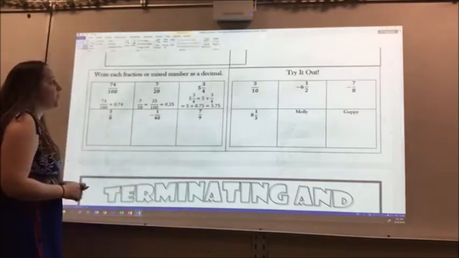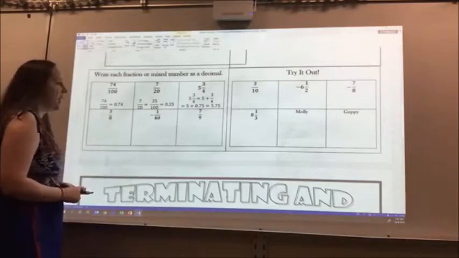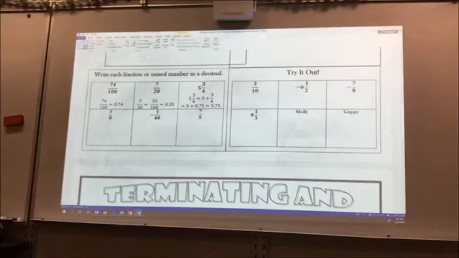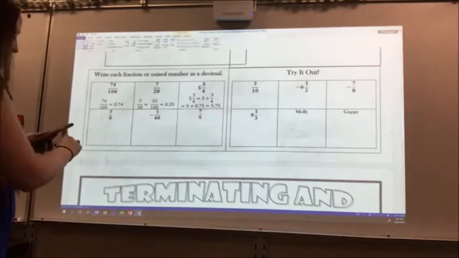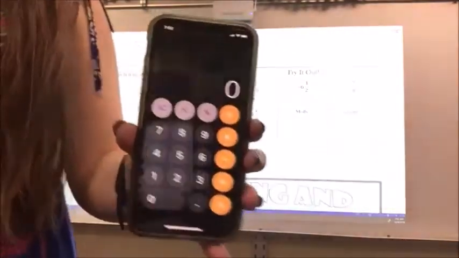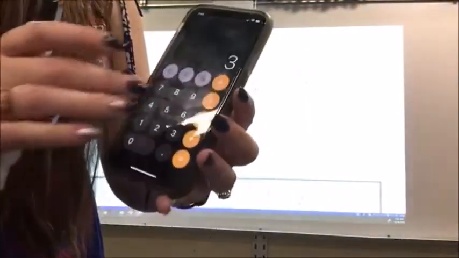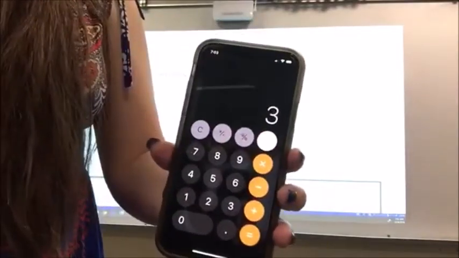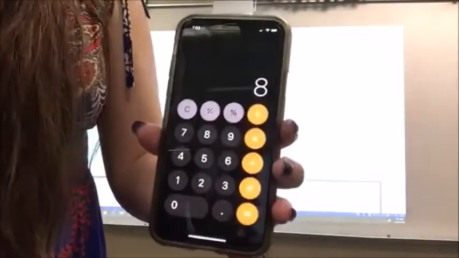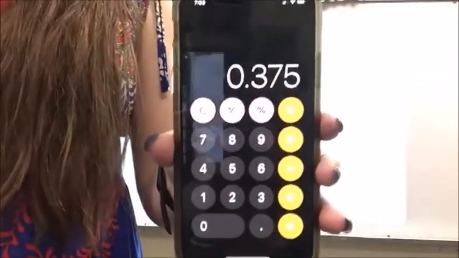Okay, 3/8. So what you're doing here is dividing 3 divided by 8. Now, you can either do this long way or you can use a calculator. Okay, so if I use a calculator, you do 3 divided by 8. Okay, notice that you get a decimal. Okay, that's the point.